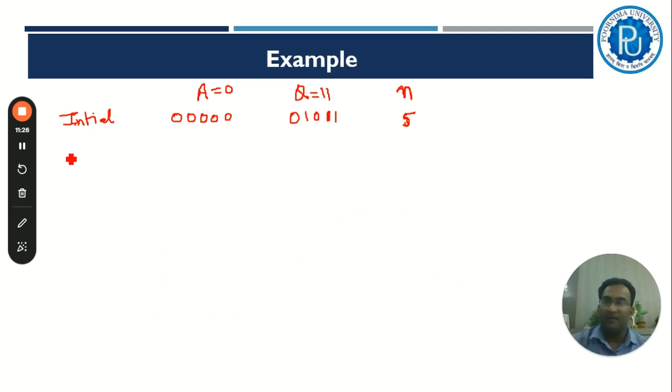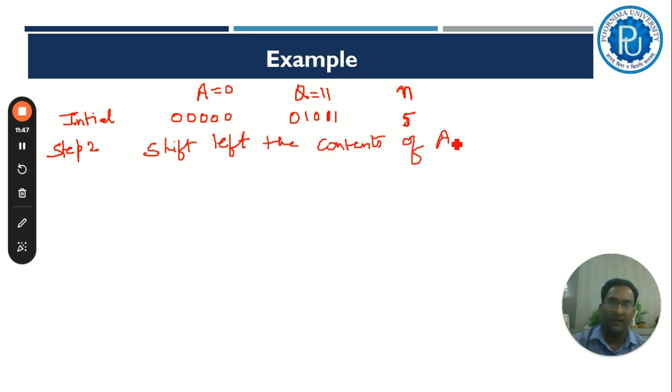So this is the thing there. Step 2 says that we have to shift left the contents of A and Q, considering both AQ as a single register.